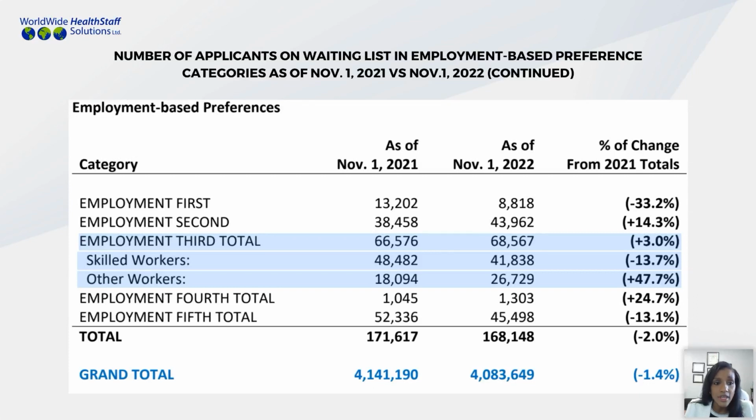So if we're focusing on the employment base, which is the third category, skilled workers versus the unskilled workers, okay? So currently, from November last year to November this year, you'll see this is the total number of 168,148 individuals in queue waiting for a visa in different categories.